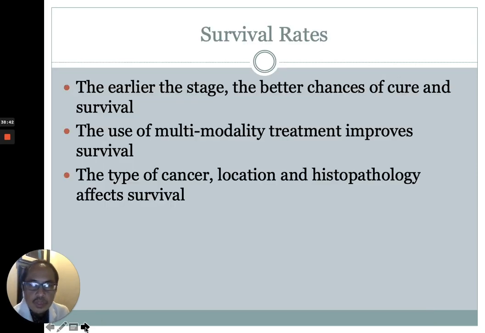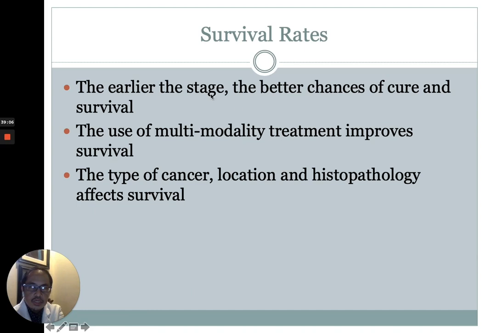Okay, so what about survival rates? You have now seen that radiation therapy can be given together with chemo or surgery to provide a better chance for these patients. But for all cancer, the survival rates depend on the stage that the patient is in.